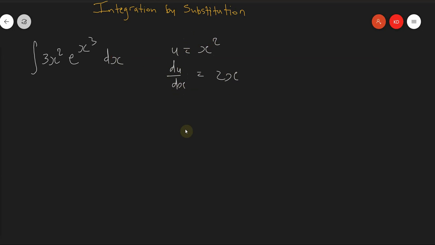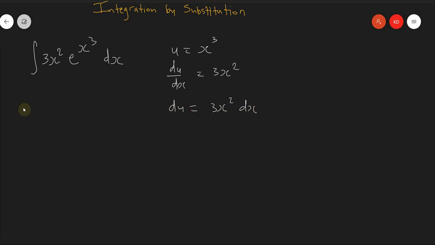Now looking at that, if we should use that substitution, we wouldn't be able to completely get rid of the x, right? So therefore the appropriate substitution to use would be to let u equal x cubed, because if we differentiate x cubed, we would get 3x squared, and du would simply be 3x squared dx, right?